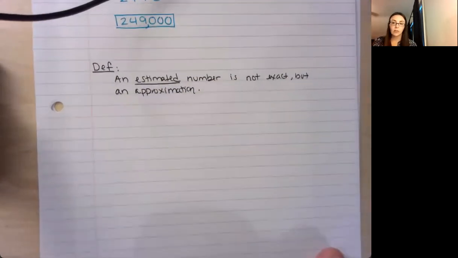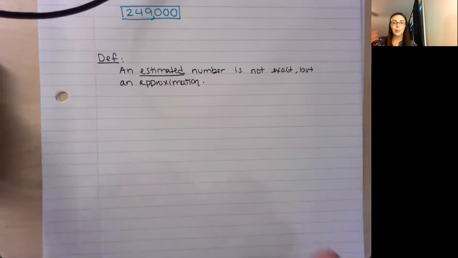And it's a very similar idea to rounding. Often we use rounding when we're estimating. So we may round the numbers first to get an estimation for our answer. So we don't get an exact answer, but we get an approximate answer. Now, again, this is most helpful if we're trying to do something in our head, so doing some mental math and things like that.